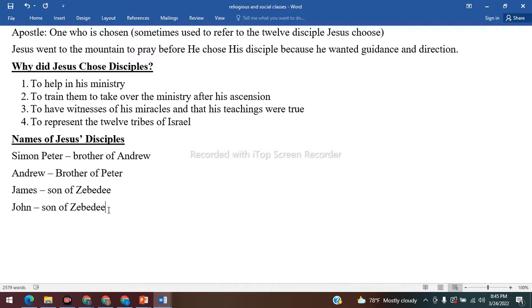After he was crucified and resurrected, he brought them back together and asked Peter, Peter, do you love me? He asked Peter that 3 times, and said, if you love me, then feed my sheep. So he leaves Peter in charge to take over the ministry after he left, and then he told them to wait on the Holy Spirit in the upper room, and the Holy Spirit did come on the day of Pentecost, and they were able to take over the work that he started. That part where they ran away is just a point of weakness that they had.